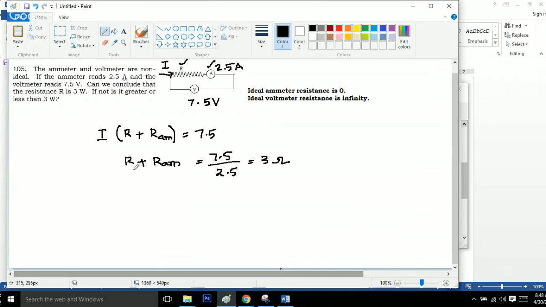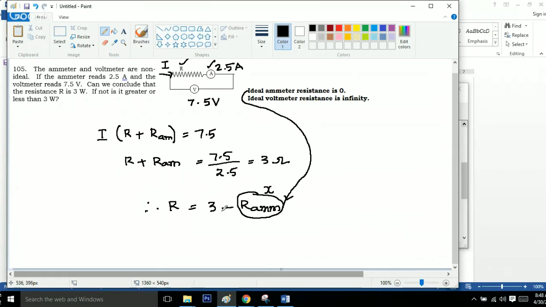But the 3 ohm is the sum of capital R and R of ammeter. Therefore, capital R should be 3 minus resistance of ammeter. Am I right? But just now I told you, ideal ammeter resistance is 0. This is not ideal, non-ideal, they are saying. So definitely this is having some value x.